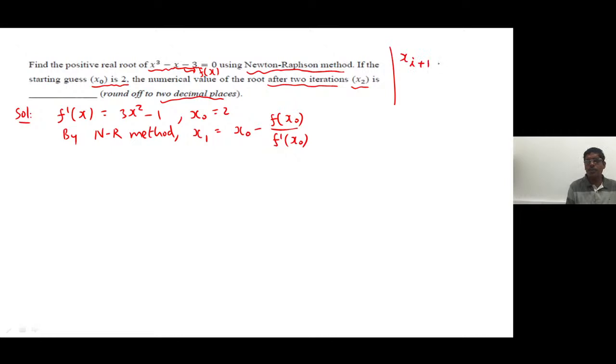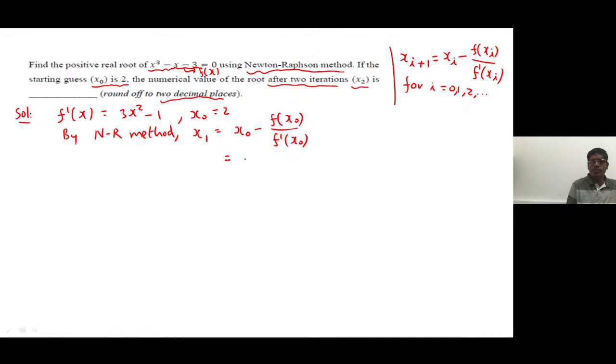Xi plus 1, some people xn plus 1 can be written as, can be denoted, can be represented, Xi minus f of xi divided by f dash xi, for i is equal to 0, 1, 2, so on. Like that, putting i is equal to 0, you will be getting this.